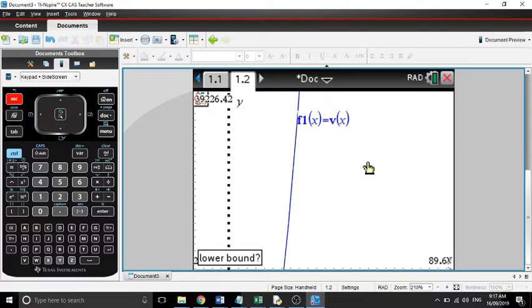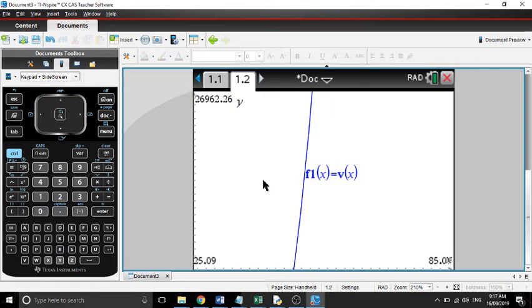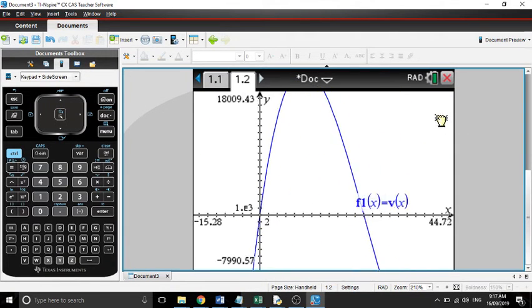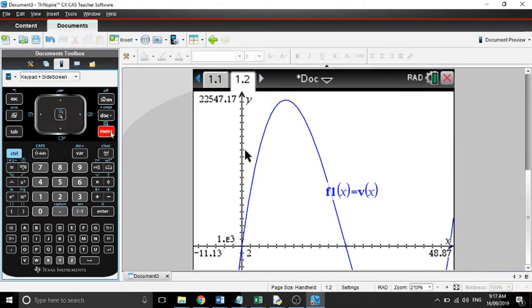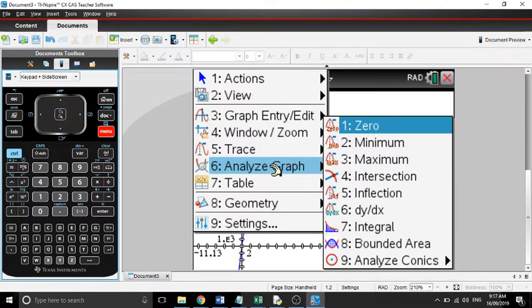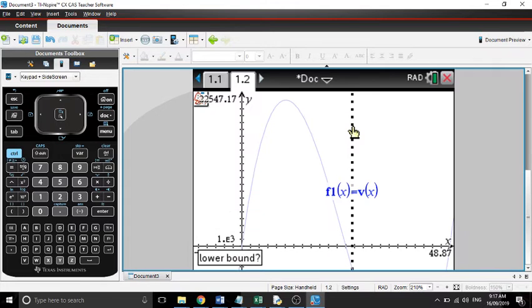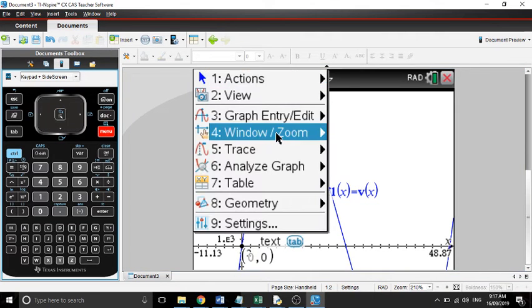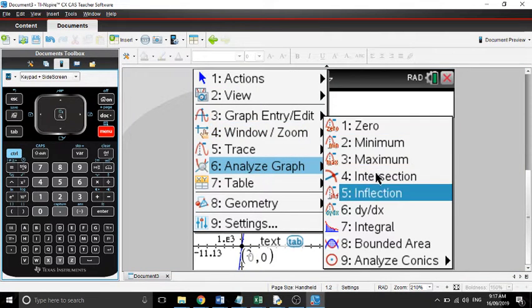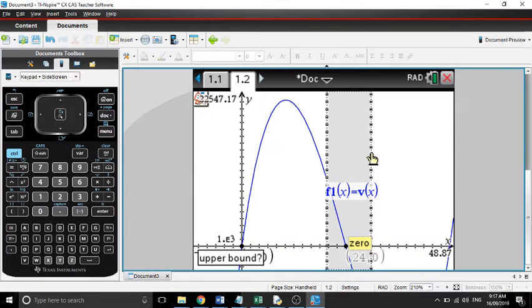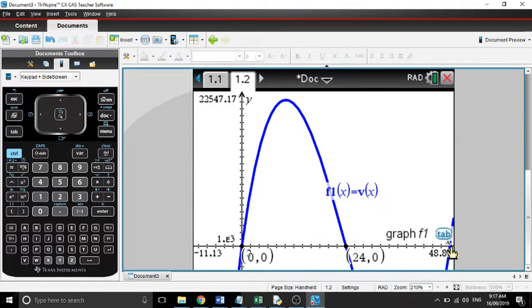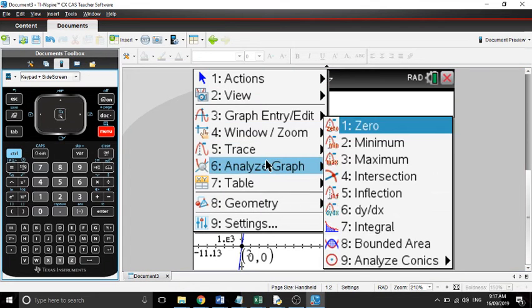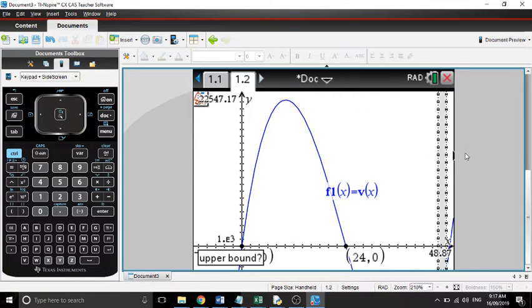Analyze, zero, between there and there. So it's 24. And this one I reckon over here would be 48. Let's just check that. 0 and 48. Okay.